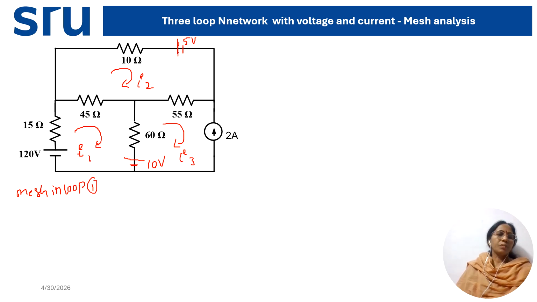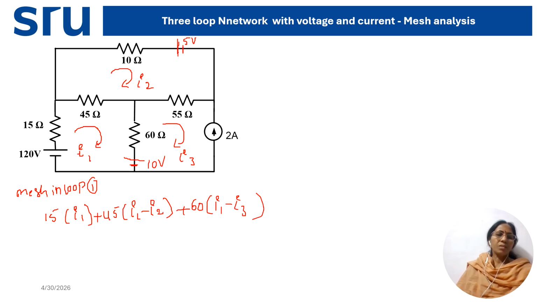Let me write the IR drops first, then the voltages on the right side. So 15 into I1, and now 45 into (I1 minus I2), then after 45, what is the resistor? 60, so 60 into (I1 minus I3).